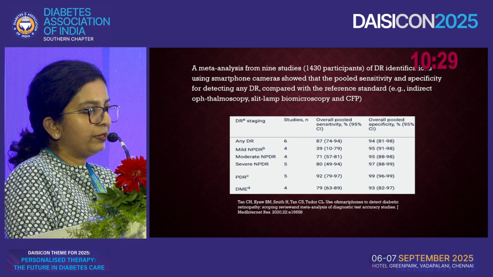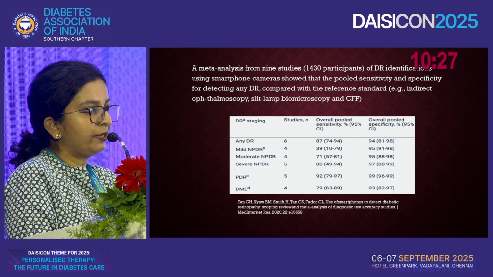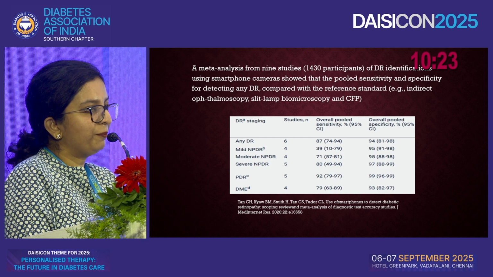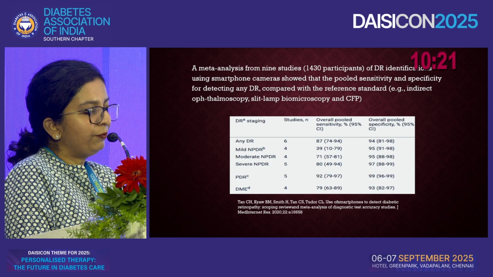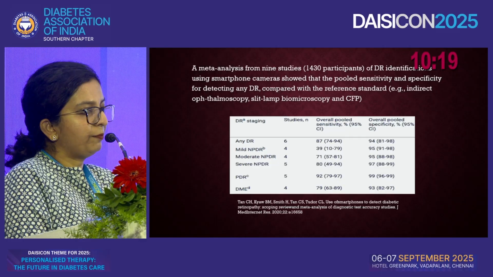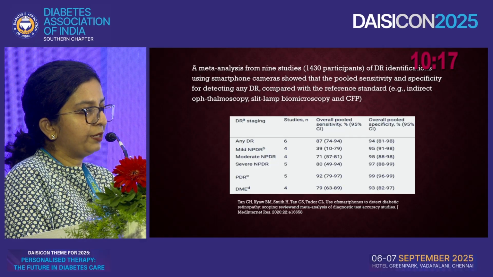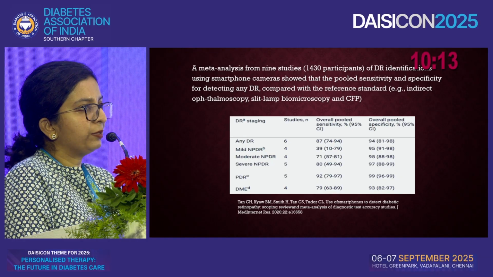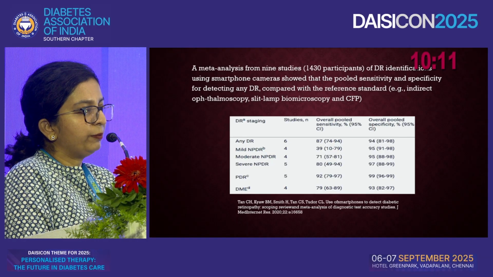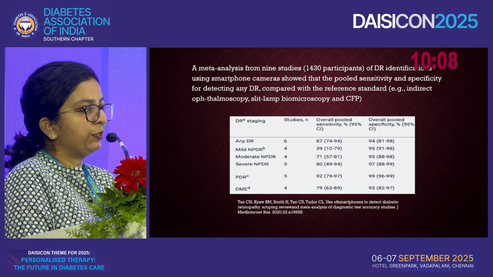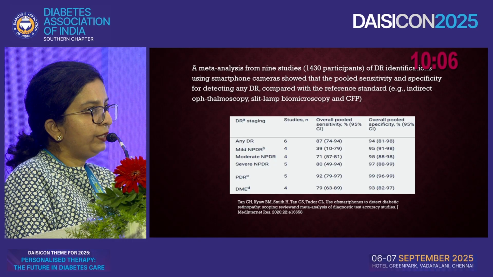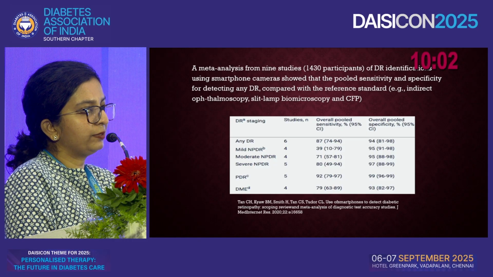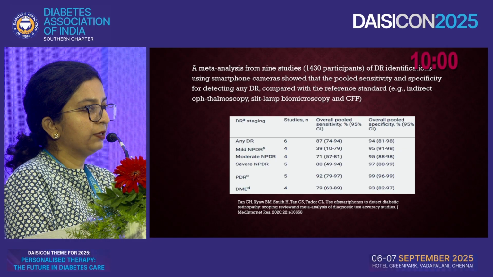Some meta-analysis studies say that smartphone or non-mydriatic cameras are not very sensitive to detect early NPDR, that is mild or moderate NPDR, and diabetic macular edema can also get missed in these fundus photos because we don't get a binocular field of view. For proliferative diabetic retinopathy, on the other hand, it is equally as sensitive as a clinical examination.